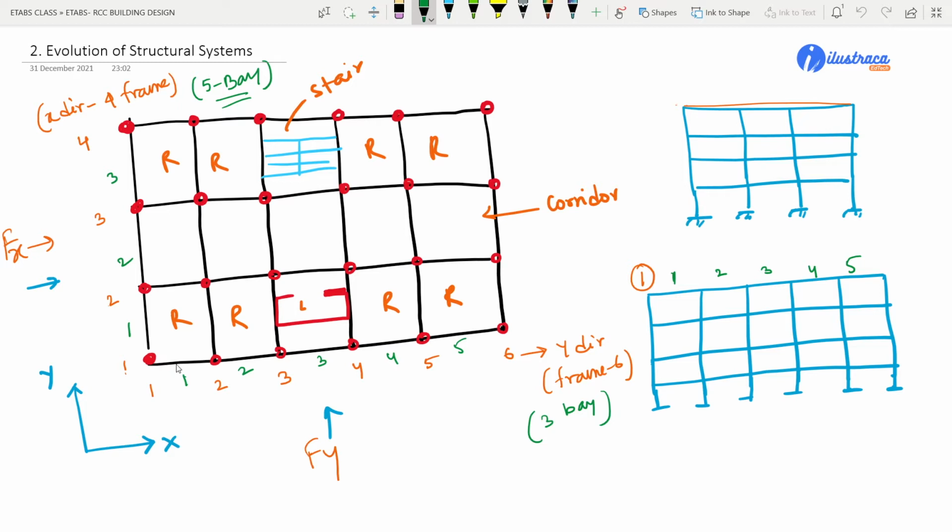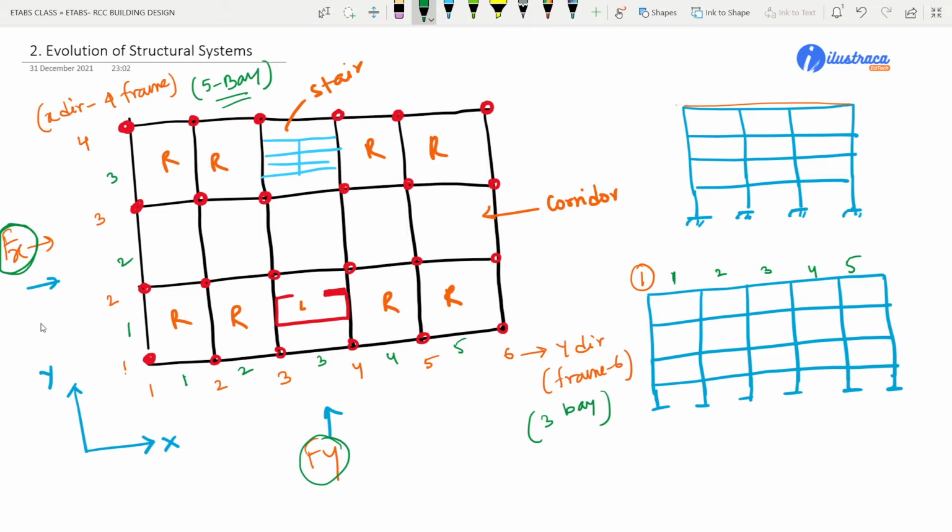If you see the dimension along the x direction, it is pretty simple that the stiffness or the strength of the structure along the x direction to resist the lateral force coming from the x direction will be higher.